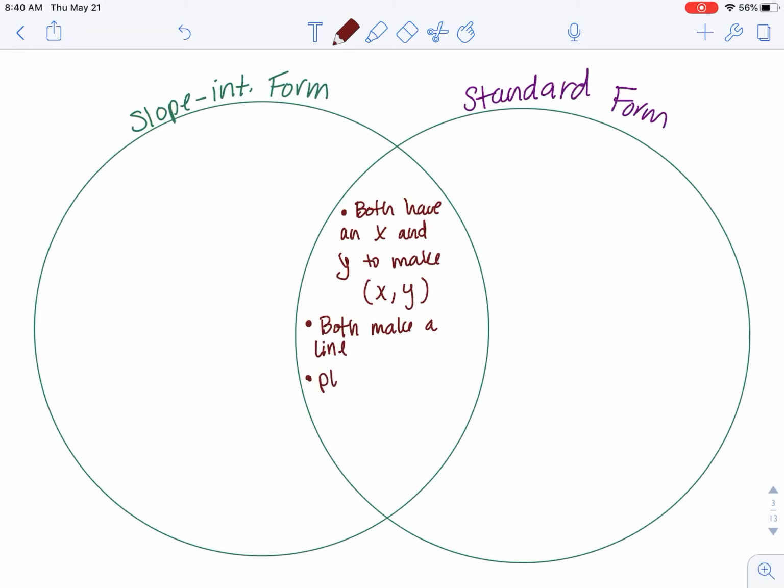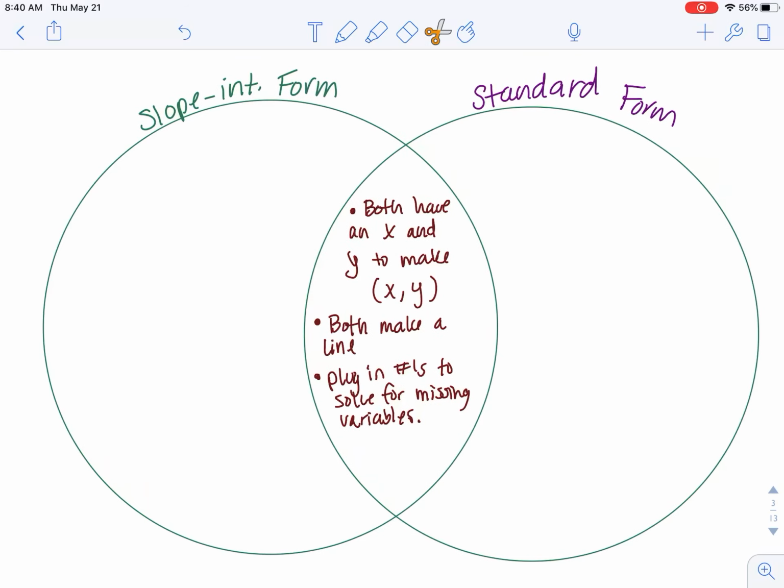We can also plug in numbers to solve for missing variables. So like what we do when we're looking for x and we know what y is, we can plug y in to solve for x. Or when we look for y, we can plug in an x to solve for y, okay?